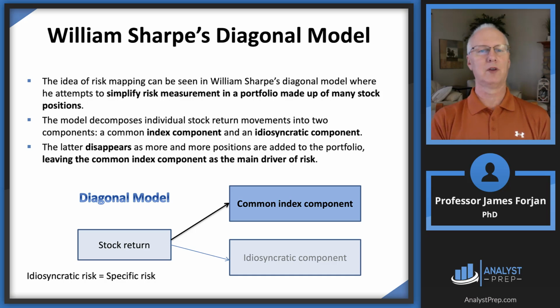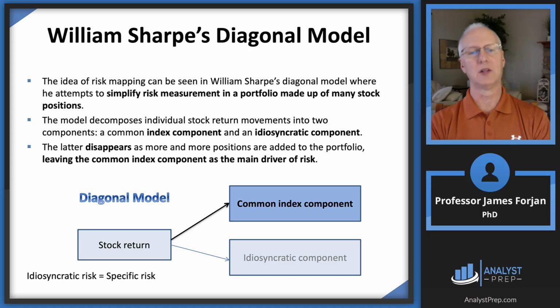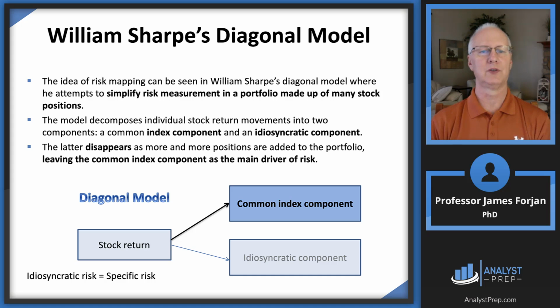Of course, systematic risk was sensitivity to economic risks, the risks of the economic system. And unsystematic risk is the risk that is unique or specific to that one particular financial security. Now, of course, William Sharpe's diagonal model uses slightly different terminology, but the application is really just the same.